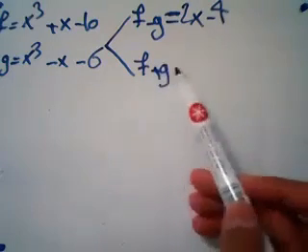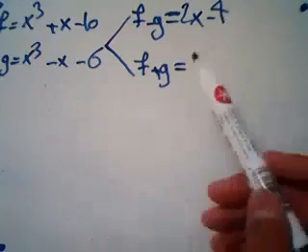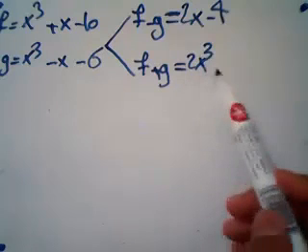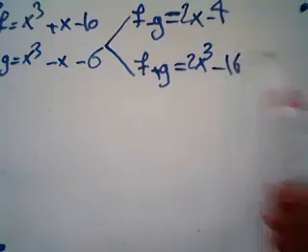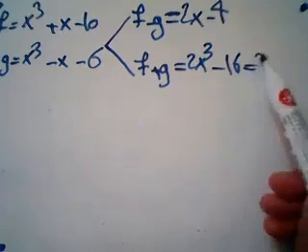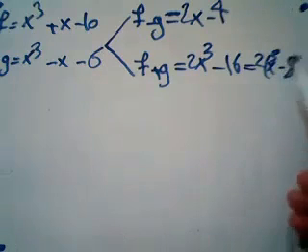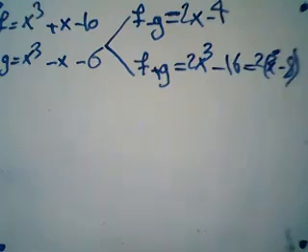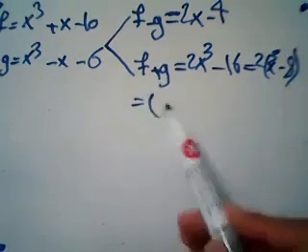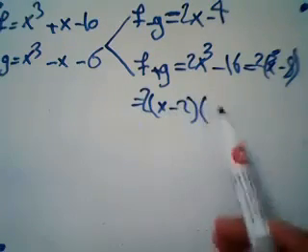f plus g, and that is 2x cubed minus 16, which is 2 times x cubed minus 8, and this is 2 times x minus 2.